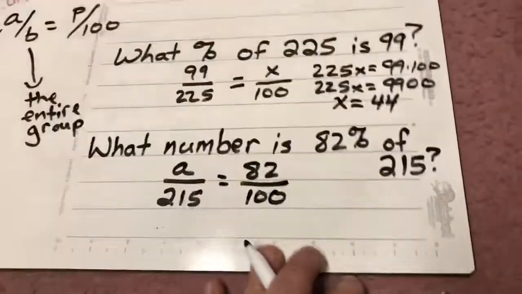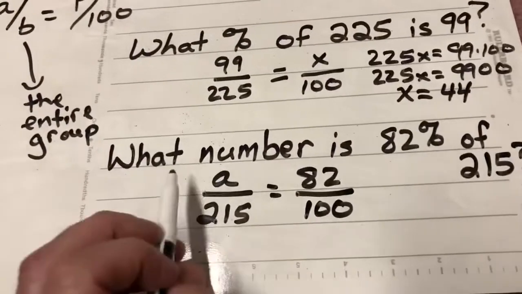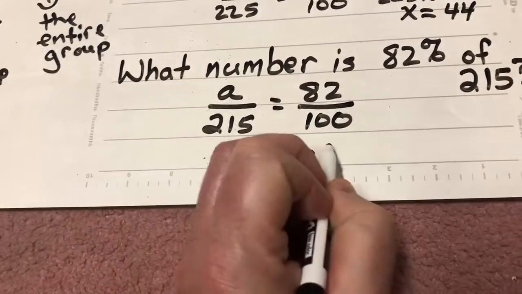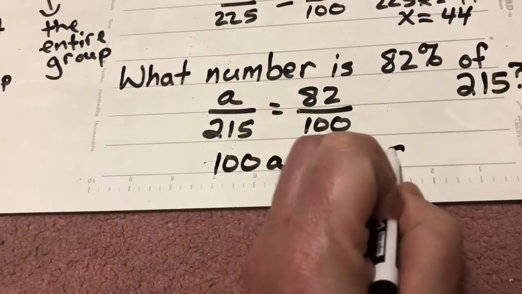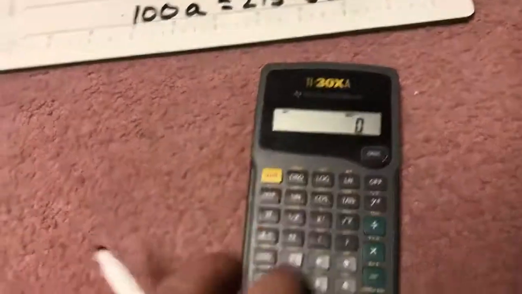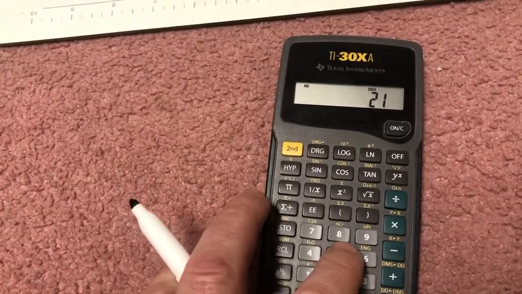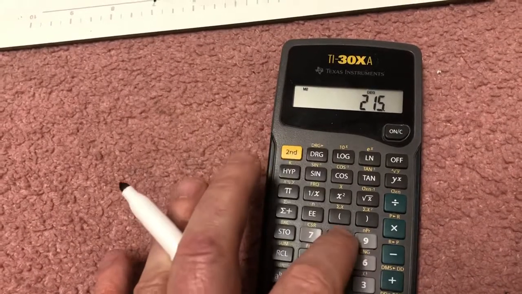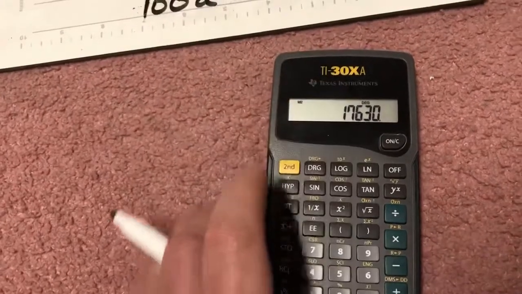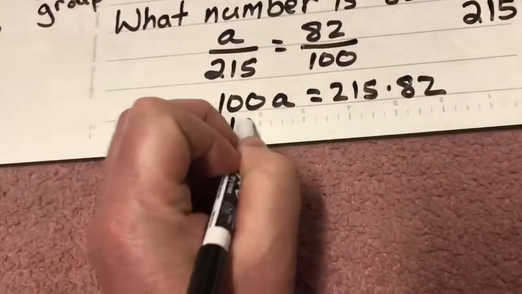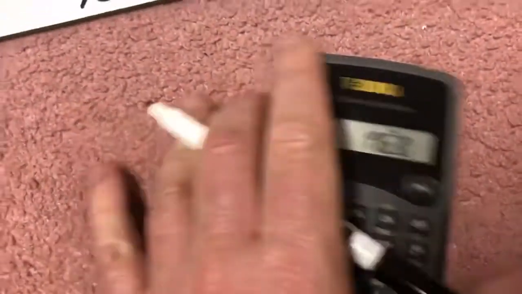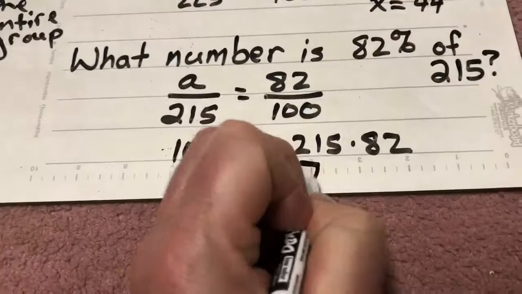Once again, I can set up an equation: 100A is going to equal 215 times 82. I go to my calculator, 215 times 82 equals 17,630. So 100A equals 17,630.